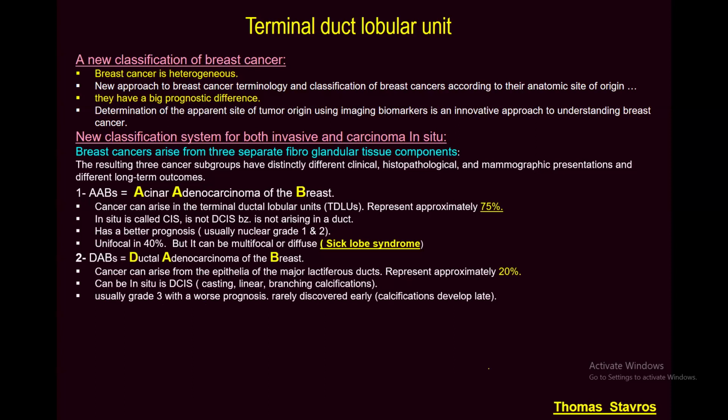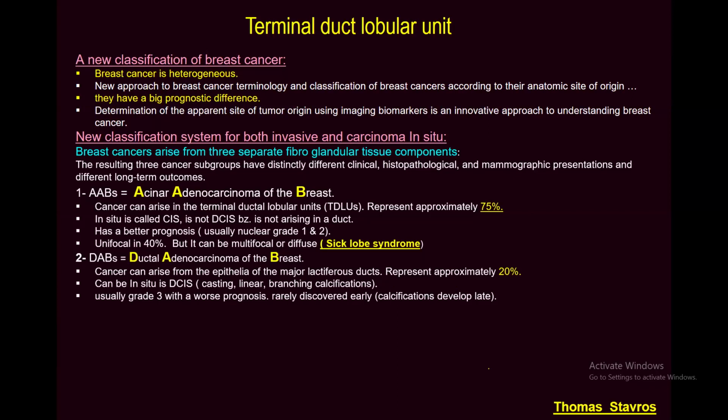And this also can be an in situ component or early in situ, okay? And here we can call it DCIS because it arises in a duct. And usually this represents grade 3 or high grade nuclear component.